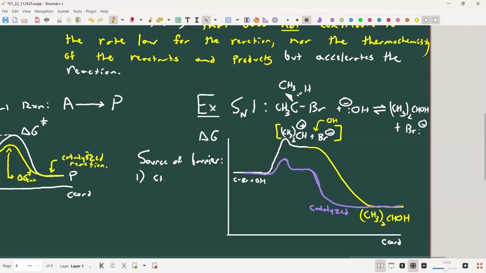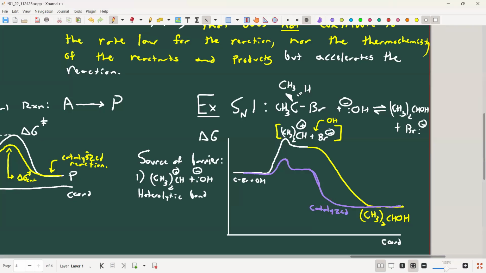So this cleavage, this is what's called heterolytic bond breaking, where the electrons are not shared evenly, costs energy.